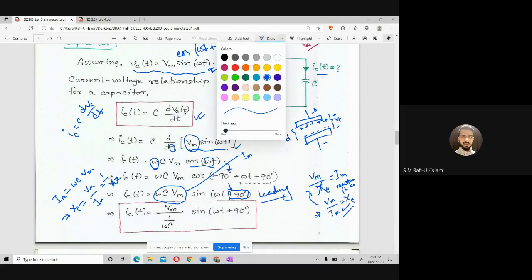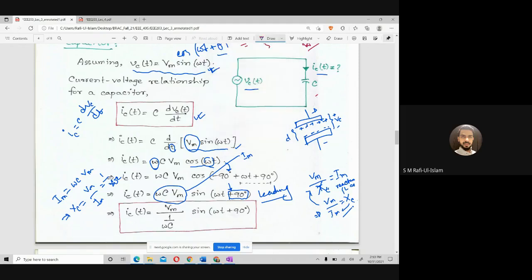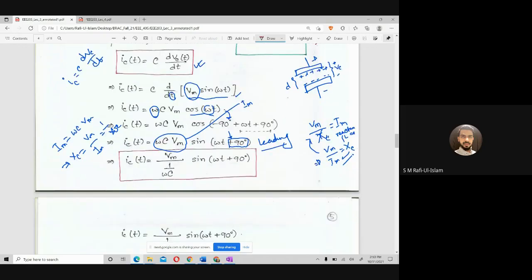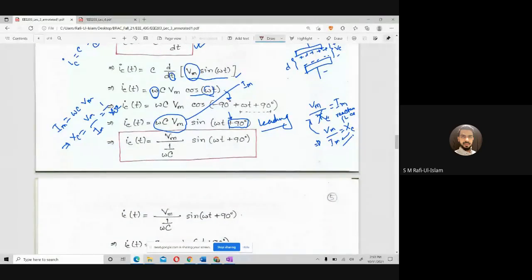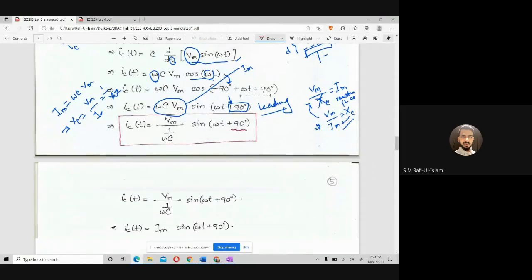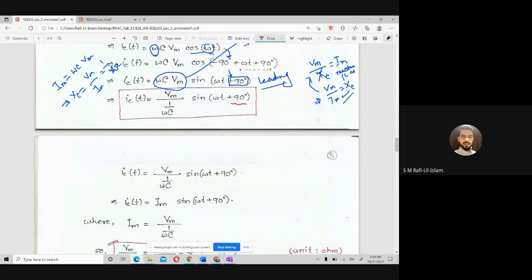So what I wanted to say is, for a capacitor two things happen. The current leads by 90 degrees, and there is a frequency-dependent resistance. We don't call it resistance because it's a reactance.